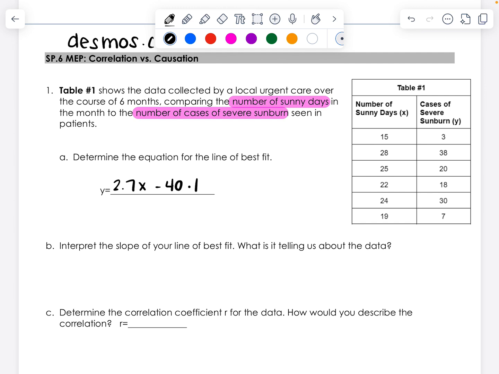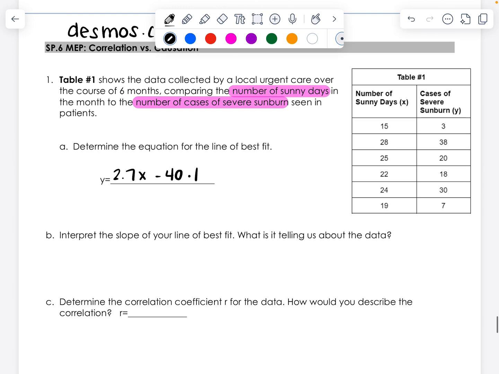And once we write that equation, we need to interpret the slope. Remember, look up at the board, and I have those sentence starters to help you. So to interpret our slope, what is the slope telling us?